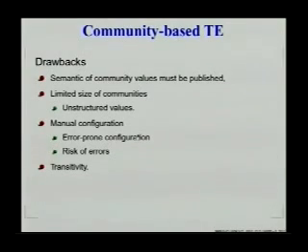Second, the community attribute has only a limited space. You have only 2 bytes to define your values, and it's not easy with this limited space to define structured values, easy to configure and to understand.